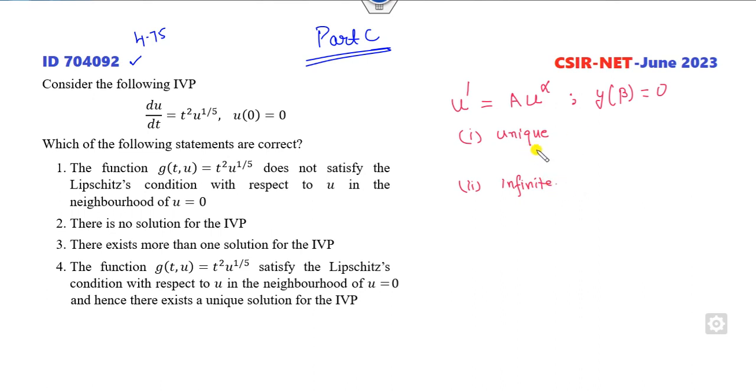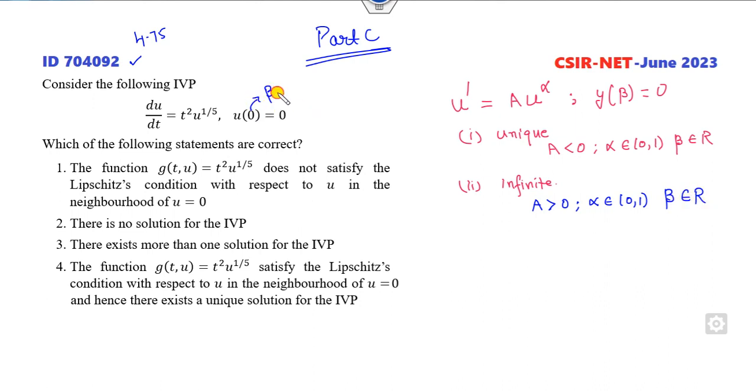First of all, a unique solution when a is less than 0, alpha belongs to (0, 1) and beta is any real number. Infinite solutions when a is greater than 0, alpha lies between 0 and 1, and beta can be any real number.